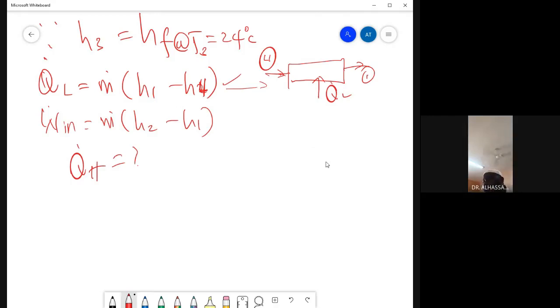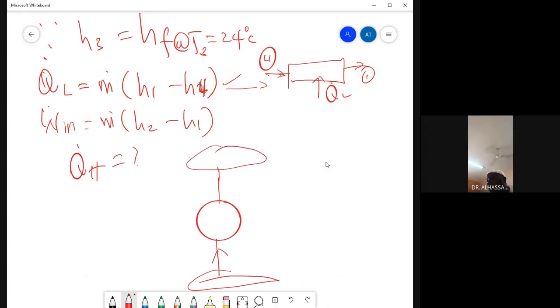Now, all that you need to do is to write down the energy balance for the refrigerator. Here is the refrigeration space, and here you have W in, QH, and QL. In the energy balance, QL is going in, W in is coming in, and QH is going out.